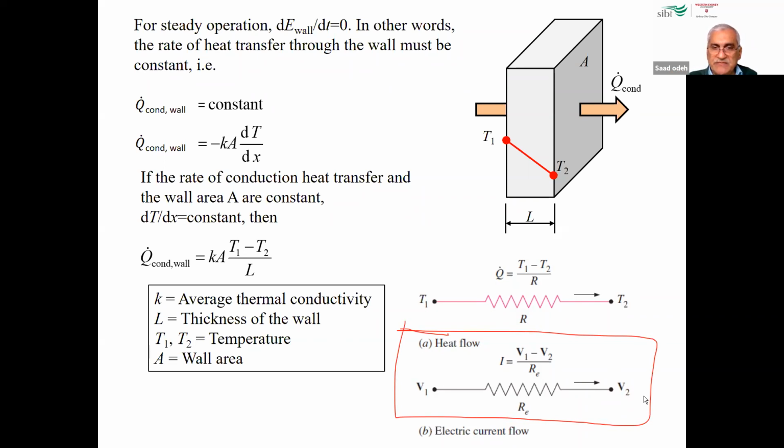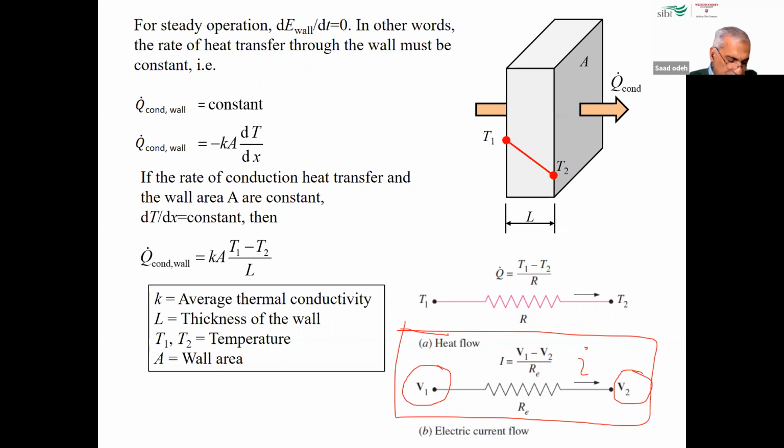And as you can see, in the circuit, we need to have a difference in voltage, V1 and V2, in order to have current, I. So the current would not flow through the resistance without having a difference in voltage, right? Because of this, we can simulate the heat transfer through the wall by the same principle.